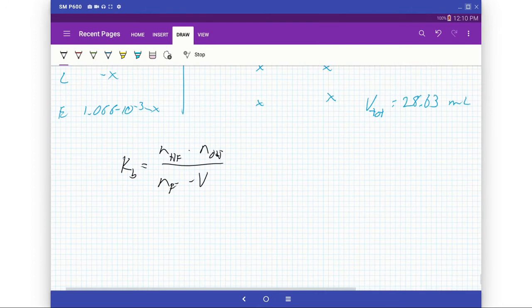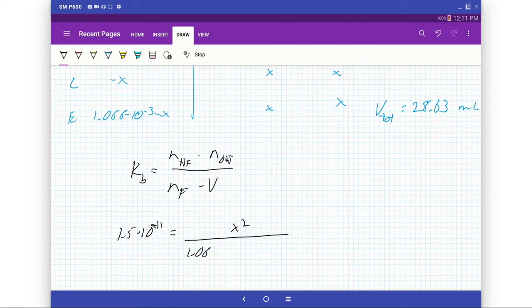And so when we plug numbers in, we have 1.5 times 10 to the minus 11 is equal to x squared over that.